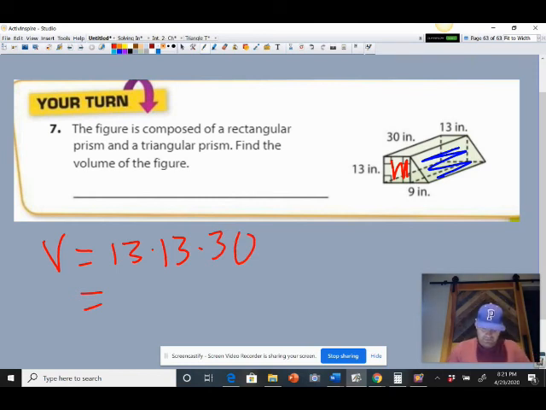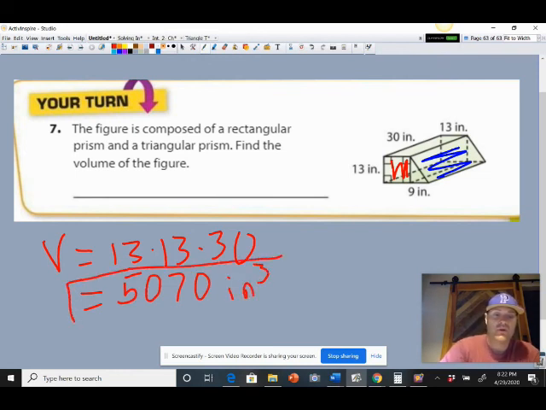And we now have to go 169 times 30, and that's going to be an answer of 5,070, and this is going to be cubic inches.